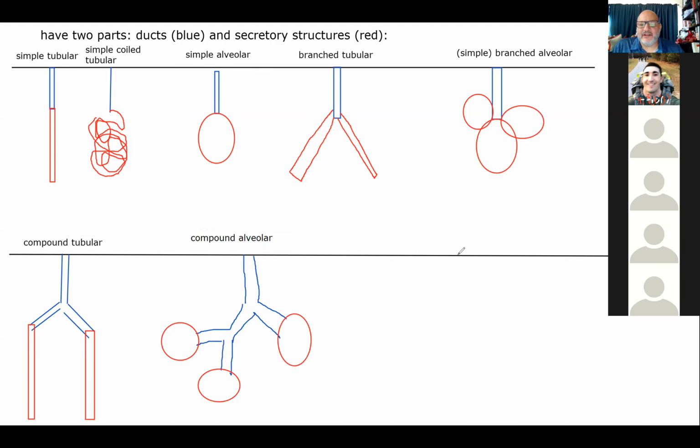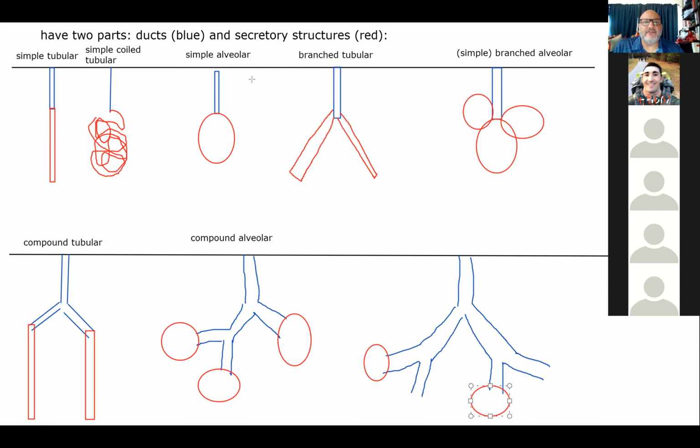This very last gland has two or more ducts. Let's give this one 4 ducts. But what's special about this one is it has both ball-shaped secretory structures, and it also has tube-shaped secretory structures.